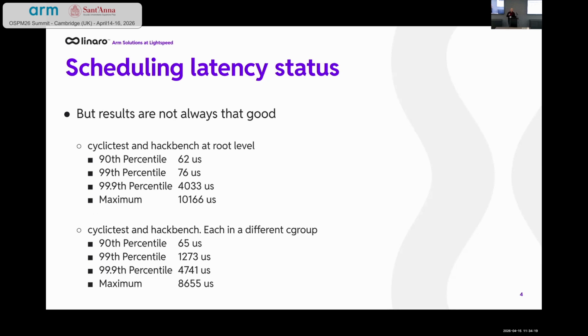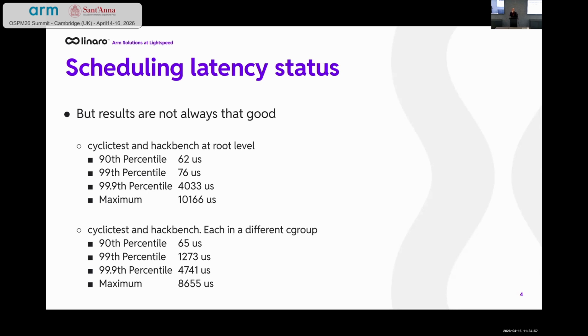But those results are not always good, especially when you start to overload your system. Hackbench is really stressful in terms of number of wakeups, sleeps, migrations and short idle times. In this case, we see that not only the maximum value is large, but also the 99.9 percentile, which is above 4 milliseconds. It means that we have a number of wakeups for cyclictest where we have to wait 4 milliseconds, which is a bit too much.